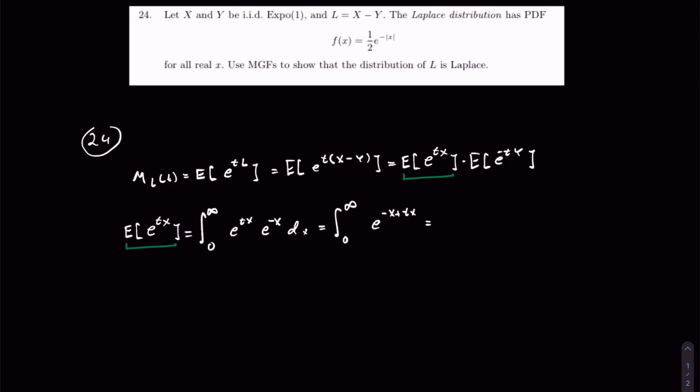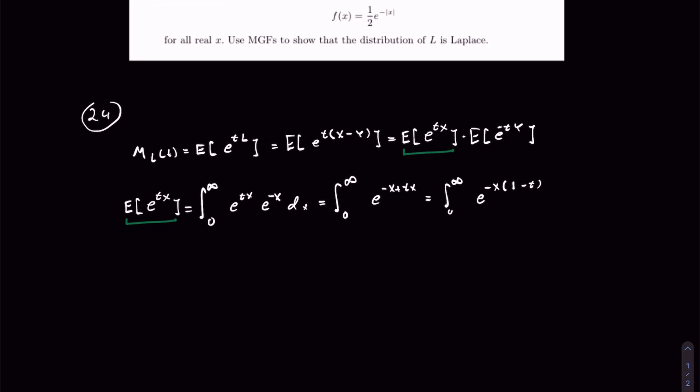And what does that give us? That gives us e to the minus x times 1 minus t, over dx.